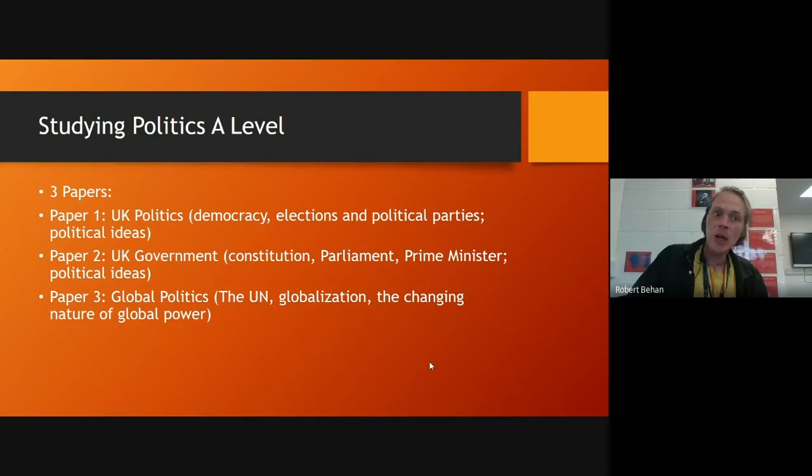But in principle, it's supposed to be 100% exam, and there are 3 papers in that exam. One paper is on UK politics: you look at democracy, elections, political parties, and political ideas. Paper 2 is UK government: you look at things like the constitution, parliament, the prime minister, and again, some more political ideas.